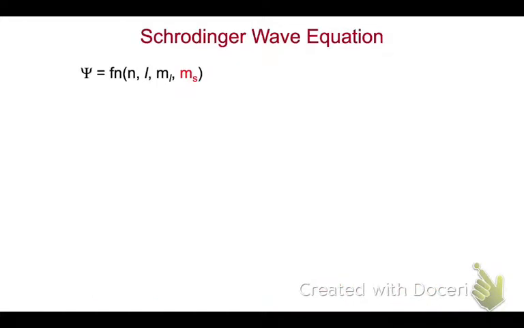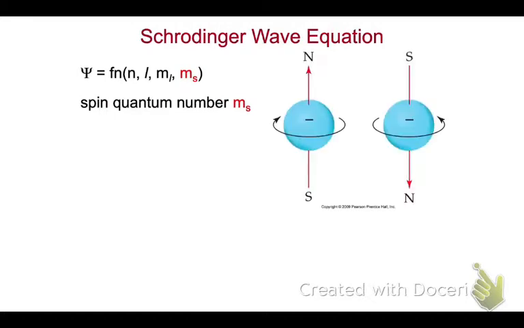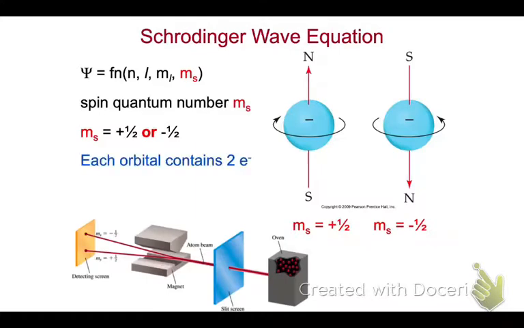The last quantum number is what we call ms, the spin quantum number, because electrons in an orbital will either be spinning clockwise or counterclockwise. So there are only two values, either ms equals plus 1/2 or minus 1/2.